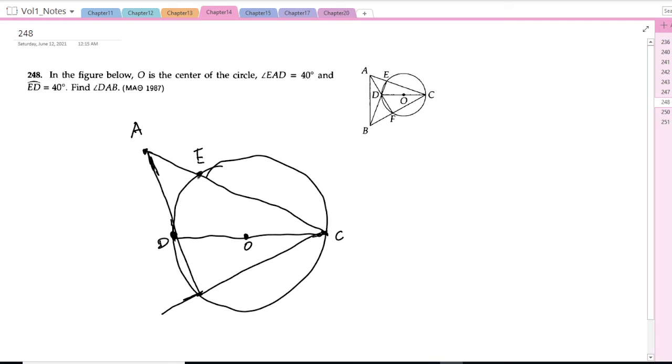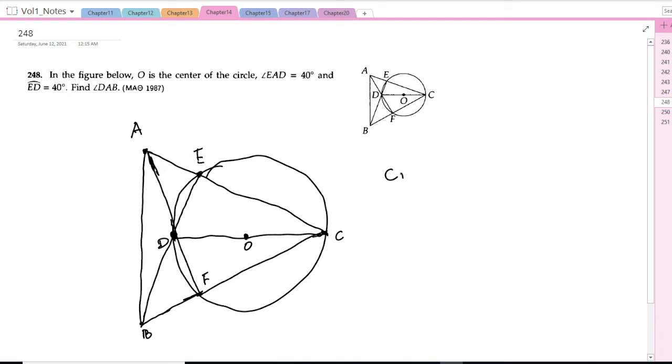Okay, and let's connect DE, which intersects CF at A and B. Now let's connect AB. Okay, this is how we do it.